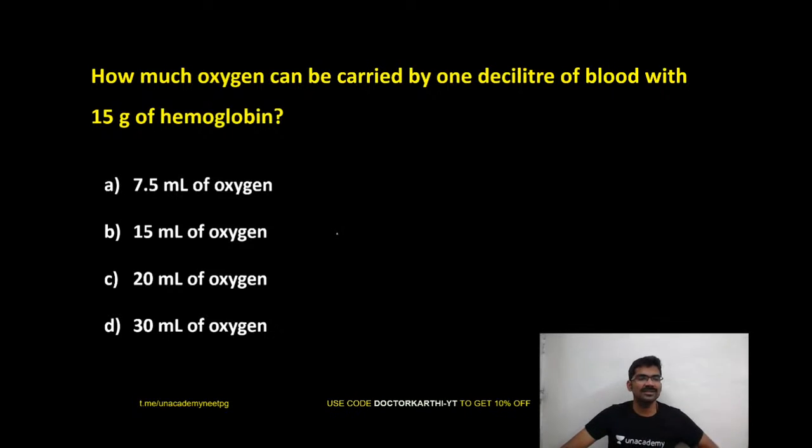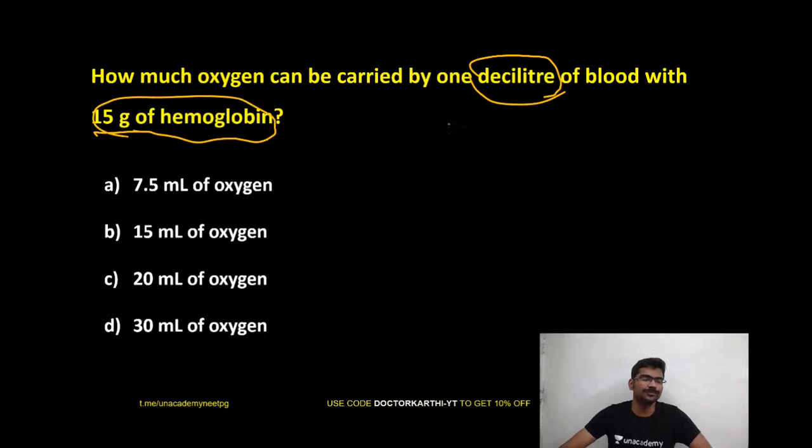Another question, the easiest question. How much oxygen can be carried by 1 deciliter of blood with 15 gram of hemoglobin? Good Deepan, that you understood. So in 1 deciliter of blood you have 15 gram of hemoglobin. How much total oxygen can be carried?